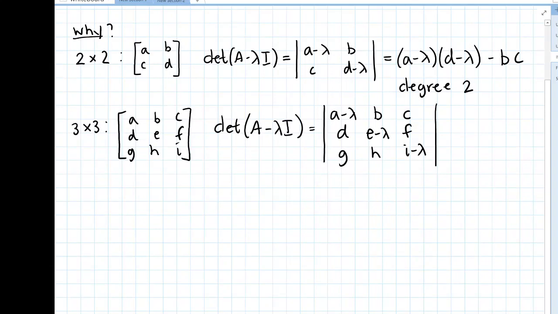Let's say you expand along the first row. It won't make a difference in how the degree comes out. So we're going to have A minus lambda times the determinant of the remaining submatrix, E minus lambda, F, H, I minus lambda.